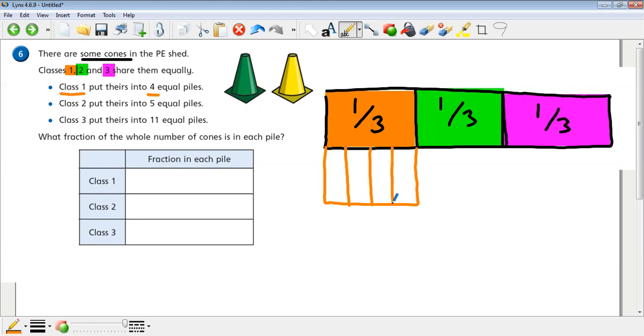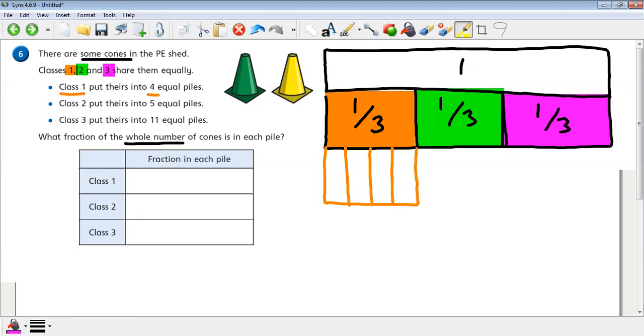Now, what it wants to know is what fraction of the whole number of cones is in each pile. So all the cones is this, just one big pile at the start, wasn't it? So what it wants to know is what one of the little parts is worth here.